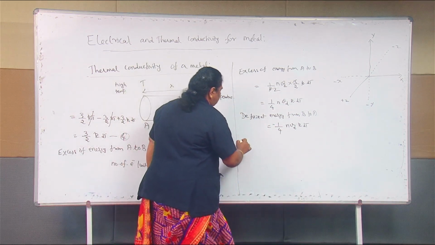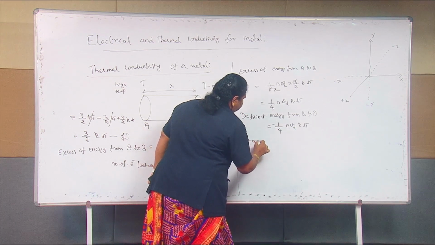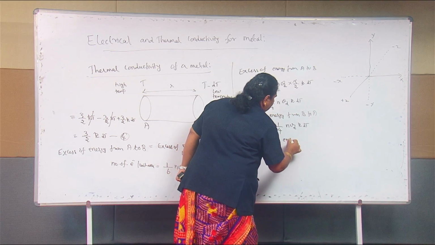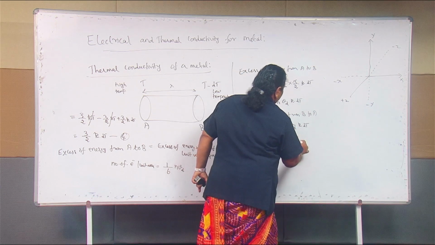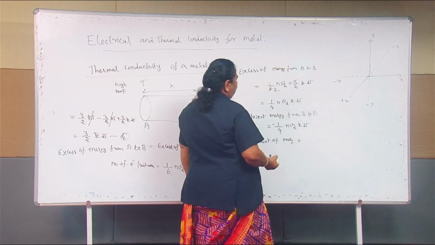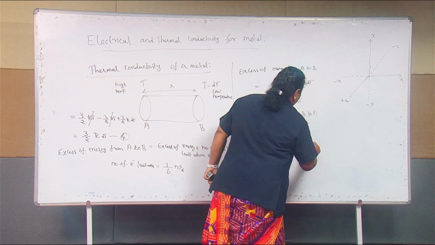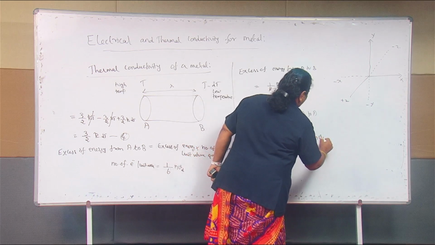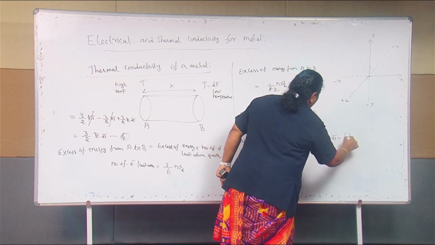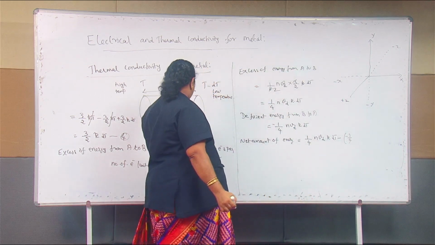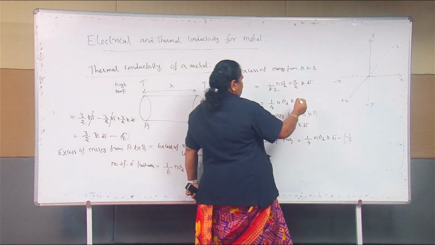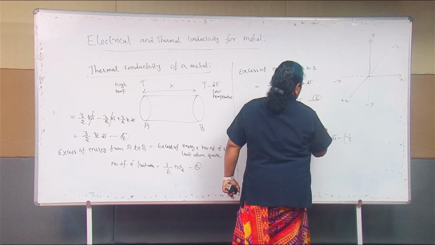So the net amount of energy can be written as 1 by 4 n Vd k into dt minus of, since we already have one negative sign in the above expression. Let me assign this as equation number 5, this equation number 6 and equation number 7.